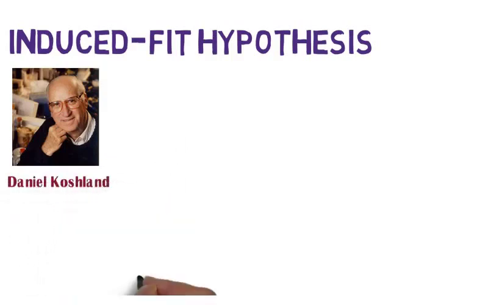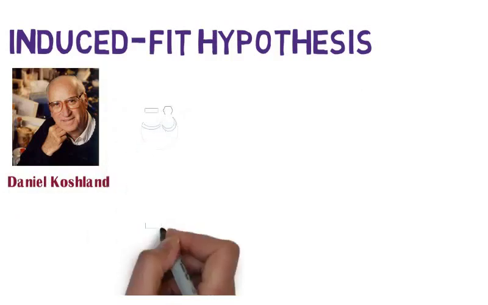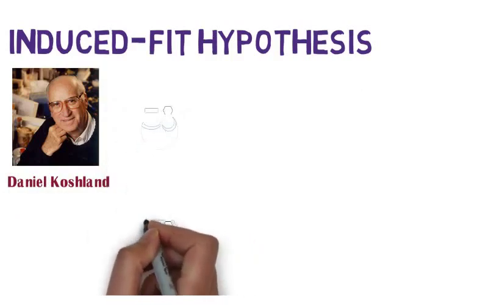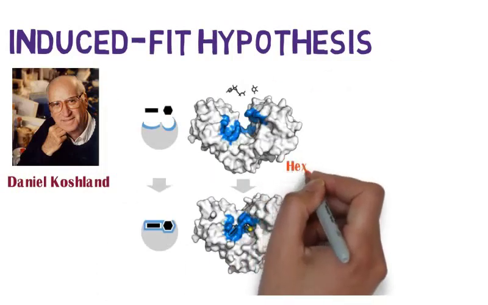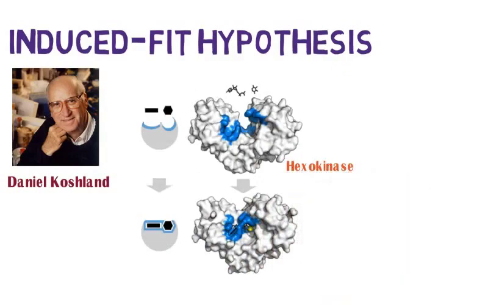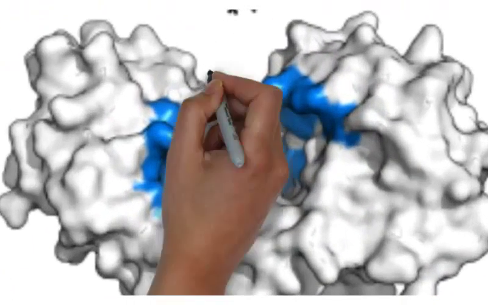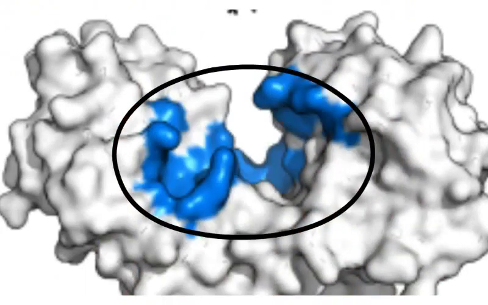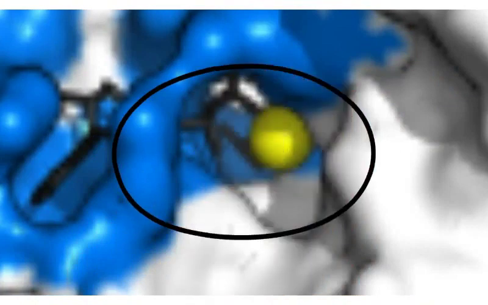Enzymes change shape on substrate binding to form the enzyme-substrate complex. For example, hexokinase has a large induced fit motion that closes over the substrates adenosine triphosphate and xylose.